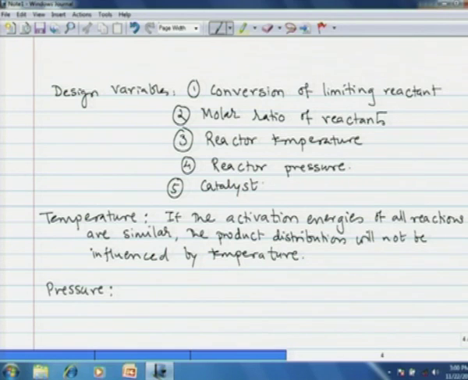So, that point we note. Liquid phase reactions are relatively insensitive to pressure because liquid properties are relatively insensitive to pressure. I am using word relatively because in case of very high pressure there could be a significant effect.